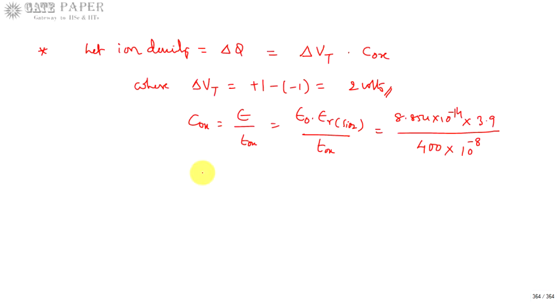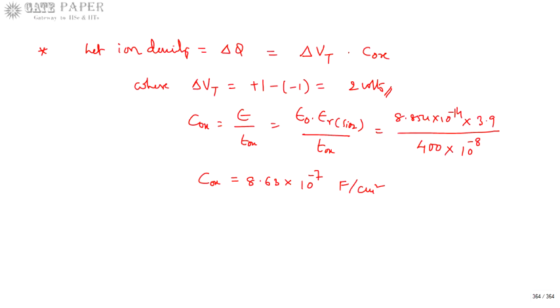So COX is equal to 8.63 into 10 power minus 7 farad per centimeter square.